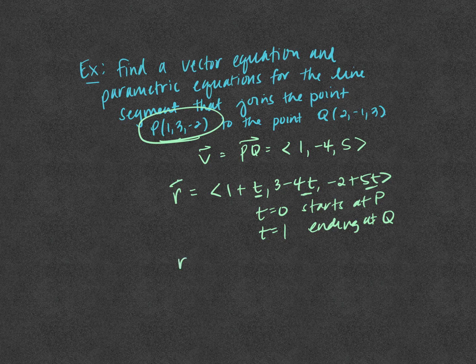So we can say that the line segment that joins the two points is, as we mentioned above, r is 1 plus t, 3 minus 4t, and negative 2 plus 5t. And then in order for it to be a line segment, we're going to define it when t is between 0 and 1. And that gives us our line segment. It's not too bad of an example there. Let's look at another one.